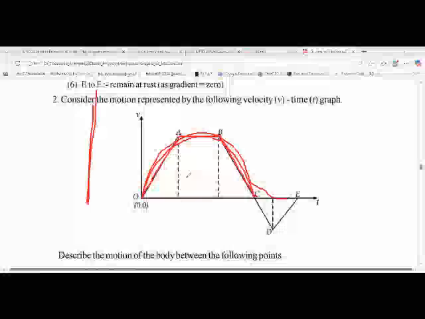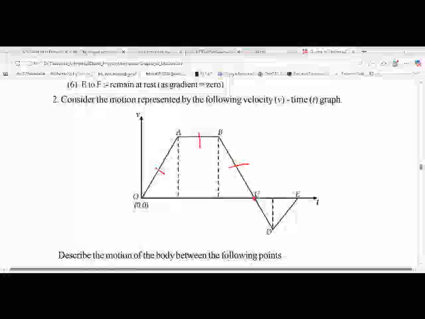But in this graph, you can see there is a part in the downward direction. It represents opposite motion. Here acceleration, here uniform speed, here deceleration, and this point represents zero velocity. Zero velocity means stop.